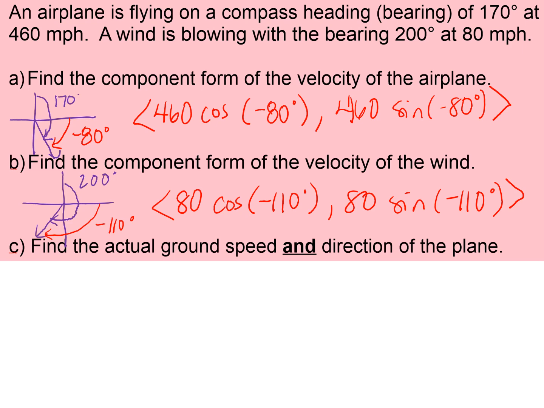So to find the actual ground speed, we're going to add parts A and B. I'll let you guys do that in your calculator or Desmos, whichever calculator you're using. Again, we would add the two horizontal components together, the x's, and then add the two vertical components together, the y's. I'll give you a second to type those in. And again, that's going to give me my alligator brackets.